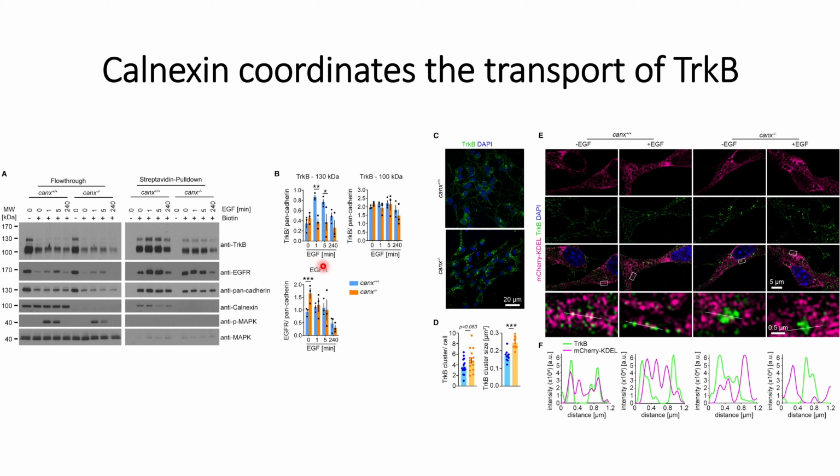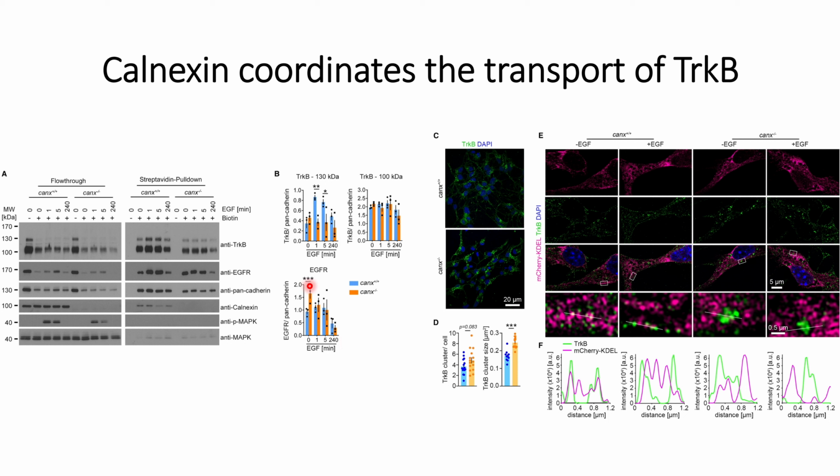For EGFR, they see significant dysregulation at time zero. However, with time, there are no statistically significant dysregulations between calnexin presence and calnexin knockout. The overall amount goes down with time.